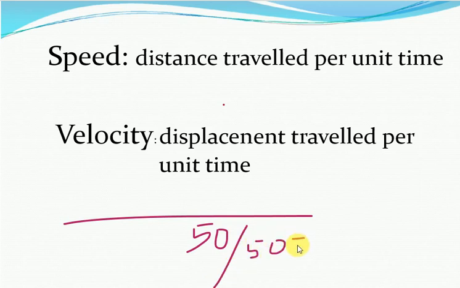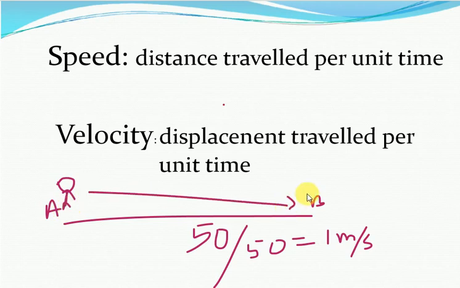What is the total displacement traveled? 50 meter. What is the total time taken? 50 seconds. So 50 meter divided by 50 seconds is 1 meter per second. So here velocity is 1 meter per second. The only difference between speed and velocity is that speed does not have any particular direction. Velocity has a particular direction.